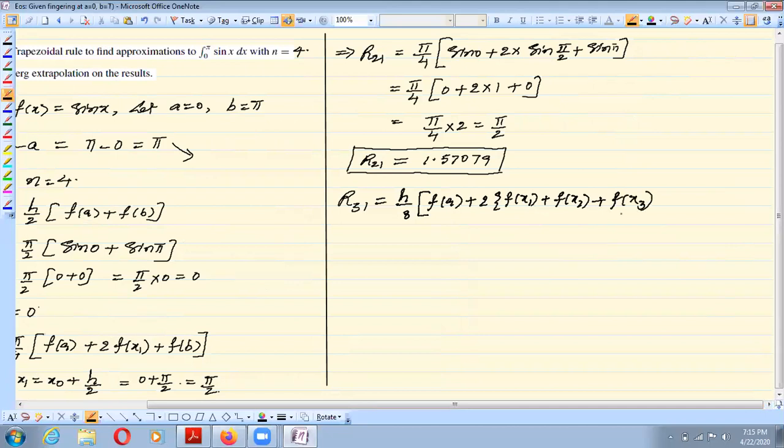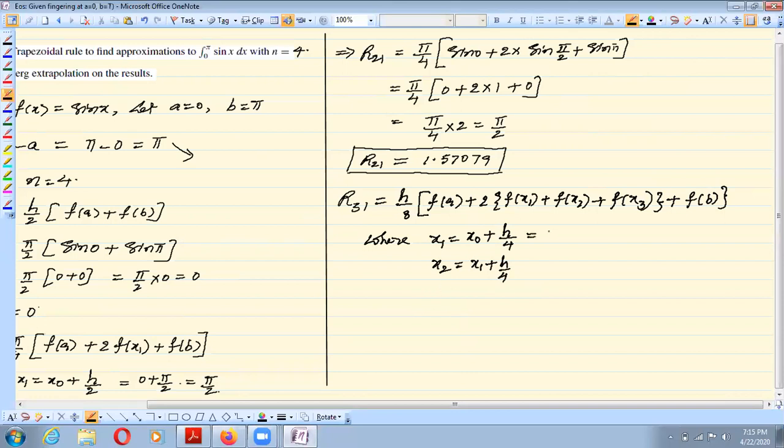If f of x3 exists, then we can write this one, otherwise we can't write. Finally, f of b. Where x1 is equal to x naught plus h by 4, x2 is equal to x1 plus h by 4. We will continue this process.